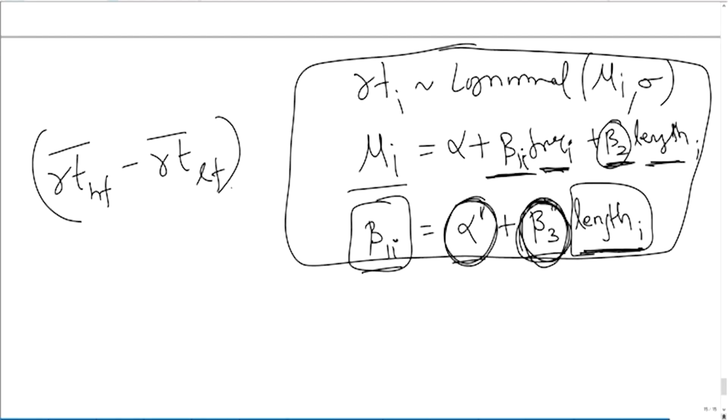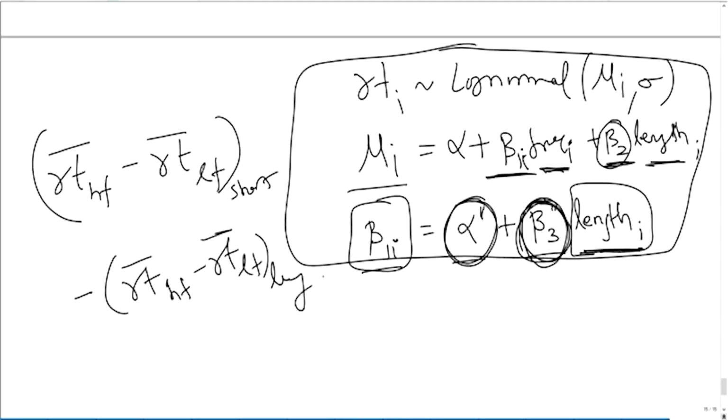But if you calculate this effect for short words, and then you calculate the same effect for long words, the difference of this difference is the magnitude of the interaction effect. If this difference is 0, then there is no interaction effect. Hypothesis 3 would not be supported.